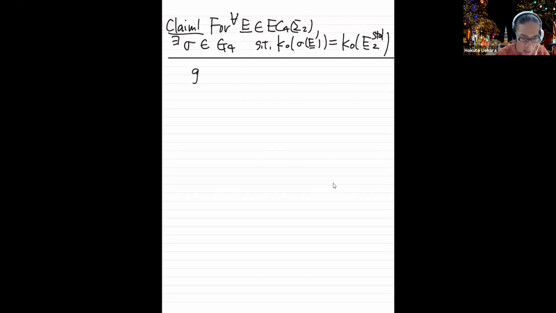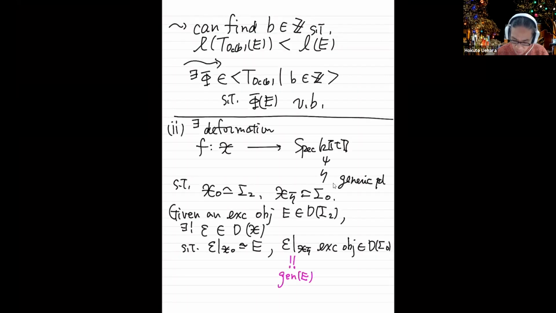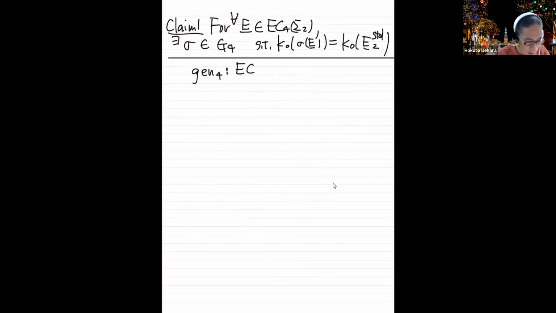So I denote Gen 4. This is a map defined by this generic E, from the set of exceptional collections of length 4 on sigma 2 to EC4 sigma 0.